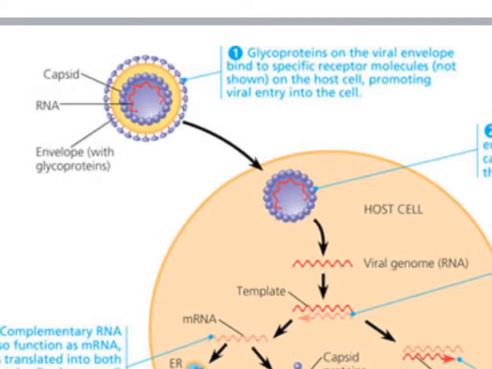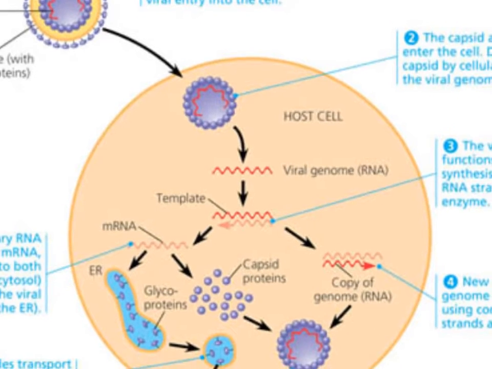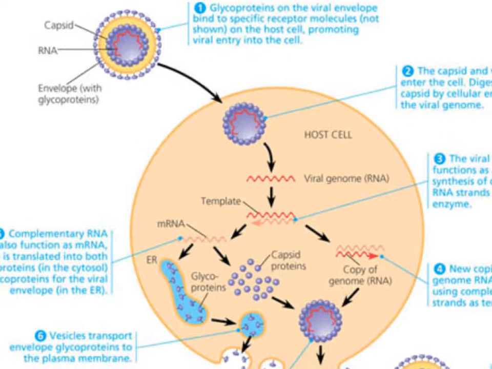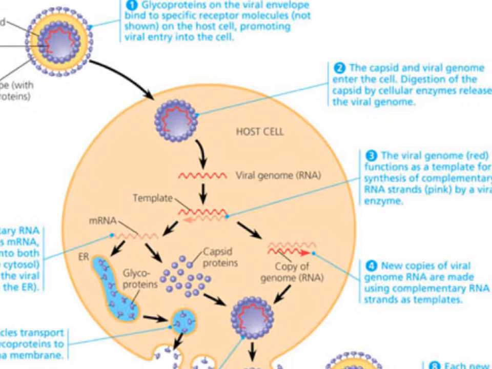So it says glycoproteins on the viral envelope bind to specific receptor molecules, not shown here in the figure, on the host cells, promoting the viral entry into the cell. Okay? So the virus enters the cell, and then the capsid and viral genome enter the cell.